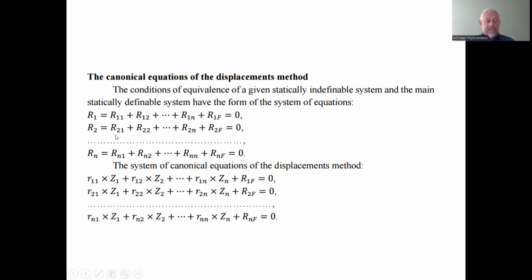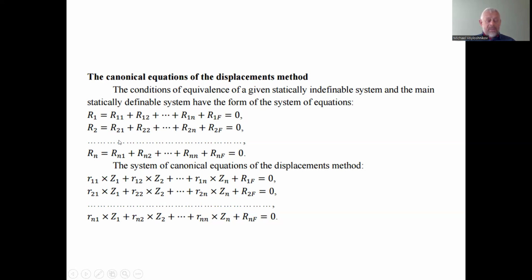For the second force, we have the same, because this extra connection is actually absent in the assigned system and is only a theoretical concept, so the force has to be equal to 0.